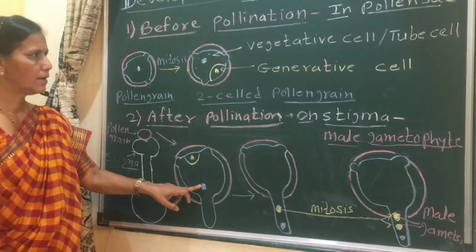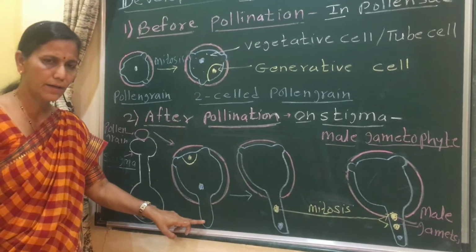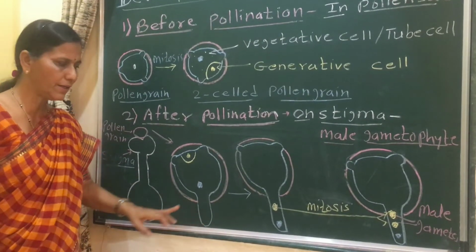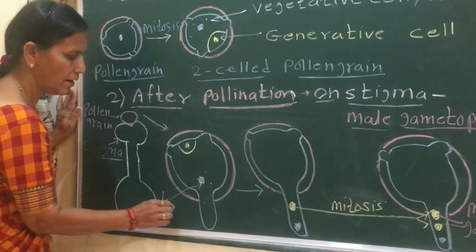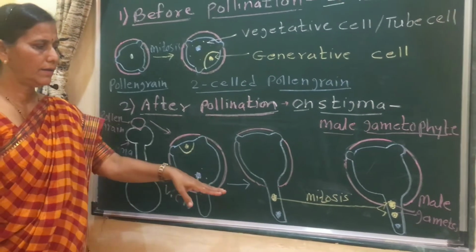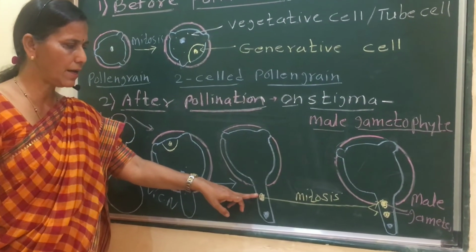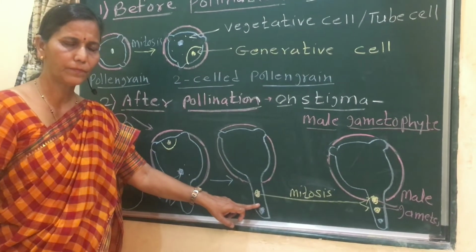First, the vegetative cell nucleus migrates in the pollen tube along with its cytoplasm. Then the generative cell nucleus migrates in this pollen tube.